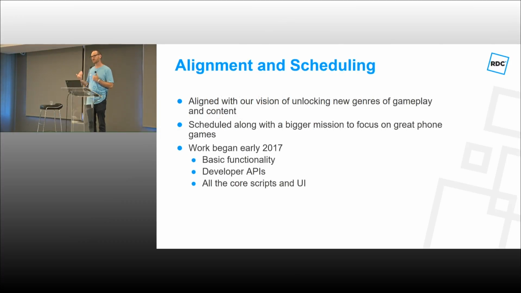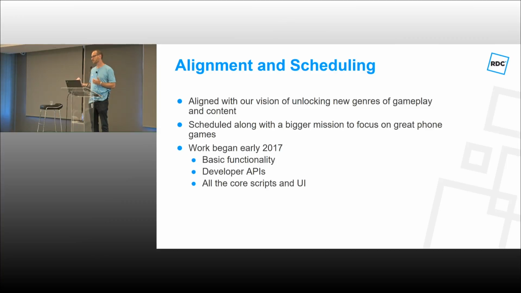So thinking about this, it's something we wanted to do for years. And we've had a couple of big pushes at different times to really focus on making great mobile games. So when it came to the scheduling of this feature, we wrapped it into a larger process of really focusing on great phone games for a year.